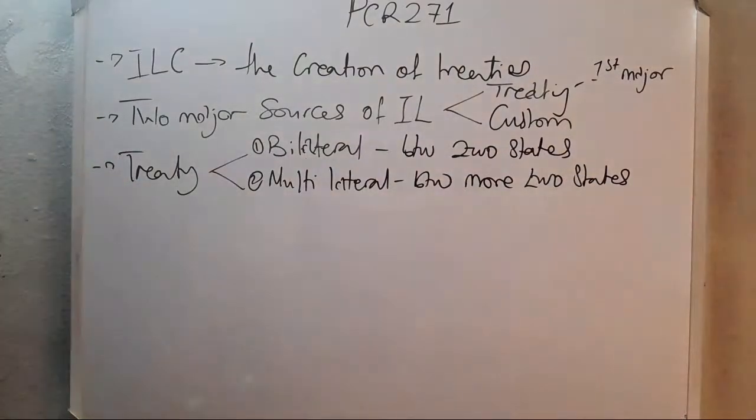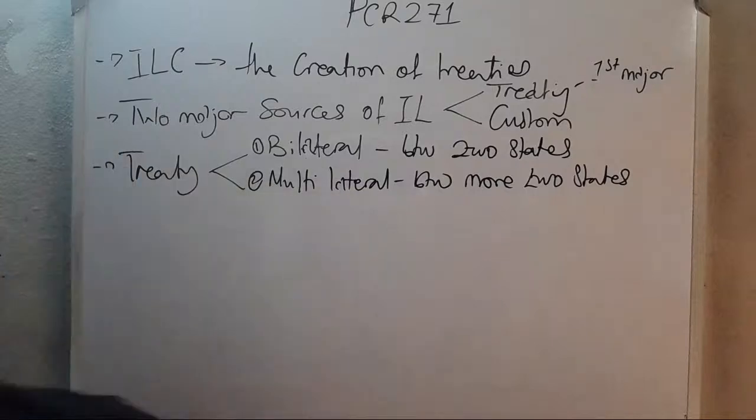Let's take note of this. A treaty could be bilateral or multilateral. Now, treaties, as we said, generally speaking, are binding only upon the state parties to any particular treaty.